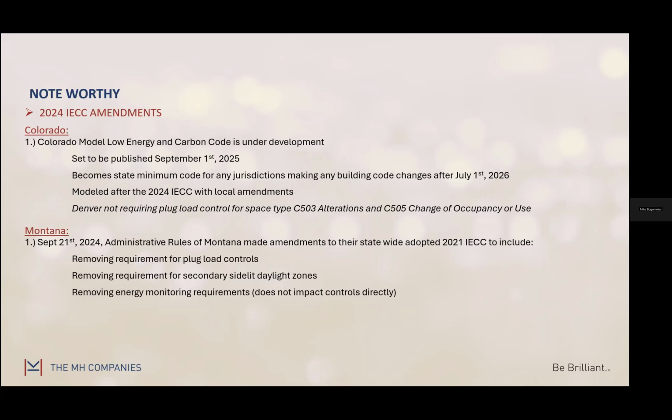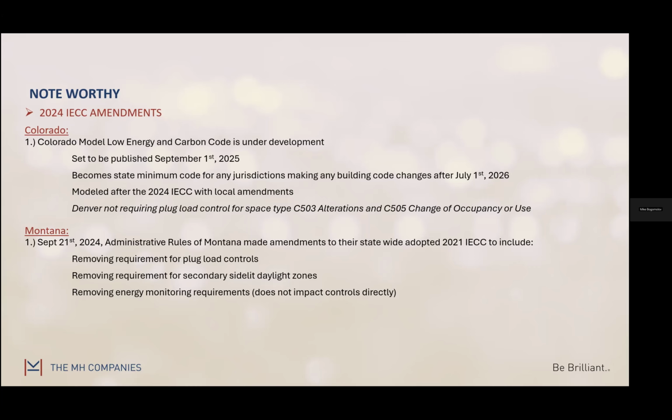So currently, Colorado is working on their version of a statewide code. They're calling it the Colorado Model Low Energy and Carbon Code, and that is slated to be published September 1st of 2025.